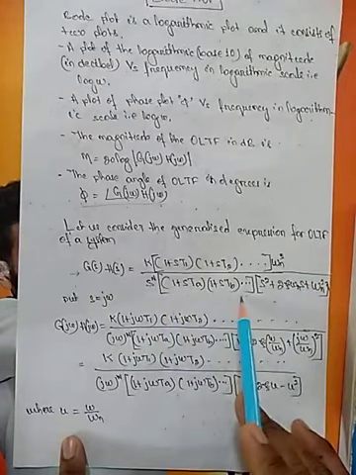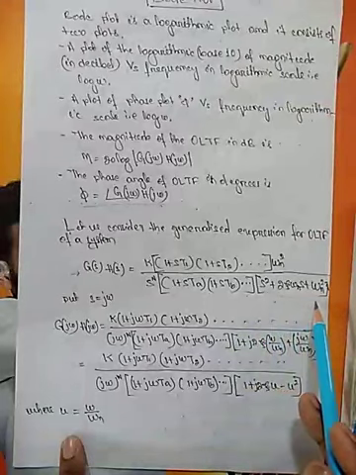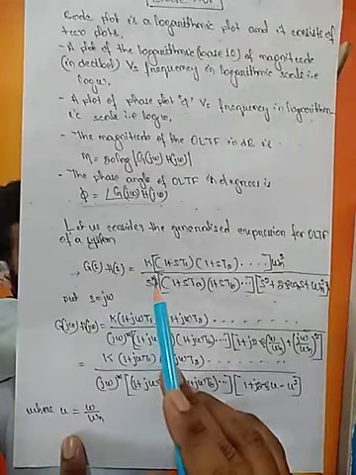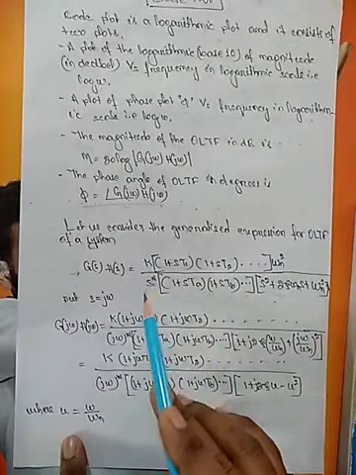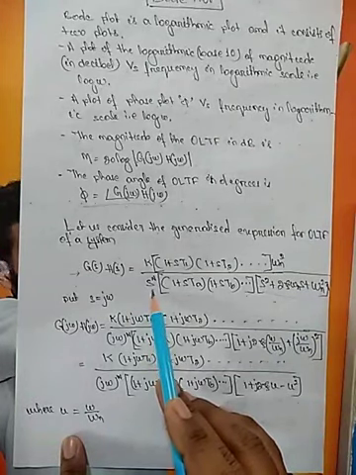These terms represent simple poles and this term represents a pair of complex conjugate poles. Here s to the power n indicates the type of an open loop transfer function.